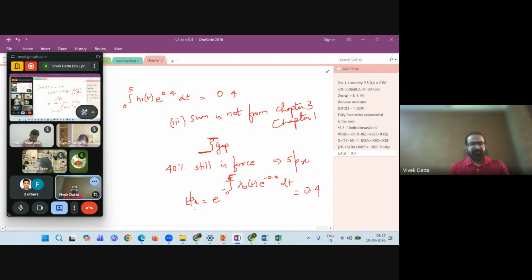Simple. I'll get e raised to the integral from 0 to 5 of lambda naught t, e raised to minus 0.4 dt, is equal to 0.4. And I have also been given another equation. Which is that equation?